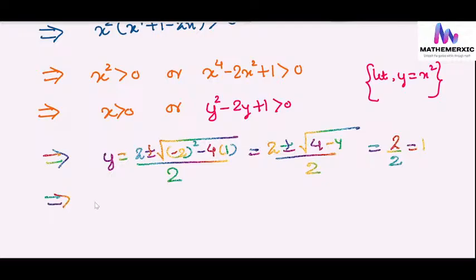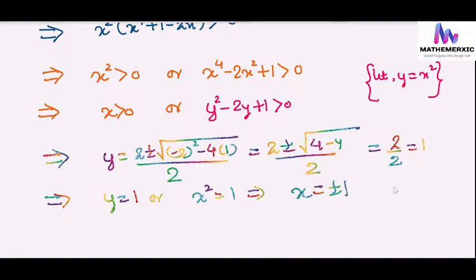It implies that y is equal to 1 or x square is equal to 1, implies that x is equal to plus minus 1. This is greater than 0 and plus minus 1. I think we are in the right direction. Something is required, and then we can solve the question.